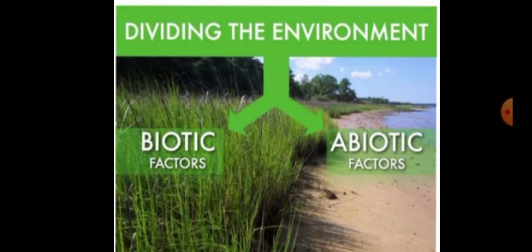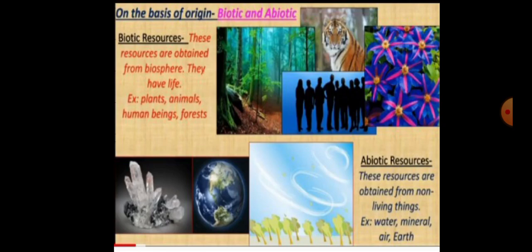If we classify the environment into living and non living, we have biotic, bio means life, and abiotic, which does not have life. On the basis of origin, the resources can be classified into biotic and abiotic.